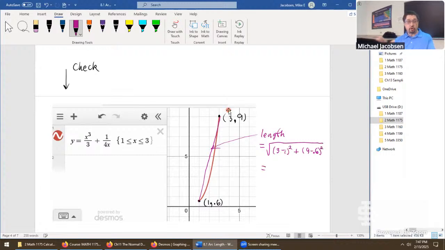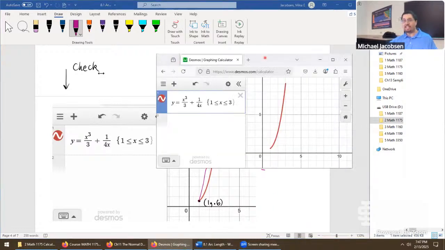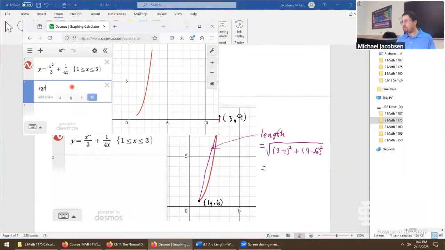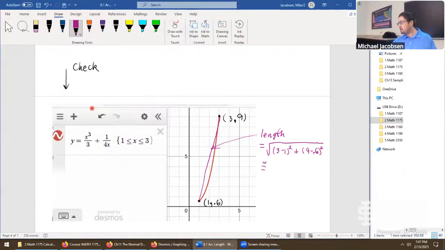This is a good point to just throw it into a calculator because it's only just a check. We don't need to try to calculate that exactly. We have square root of 4 plus 9 minus 0.6 squared. We're told that it's about 0.86. So about 0.86 going this way.